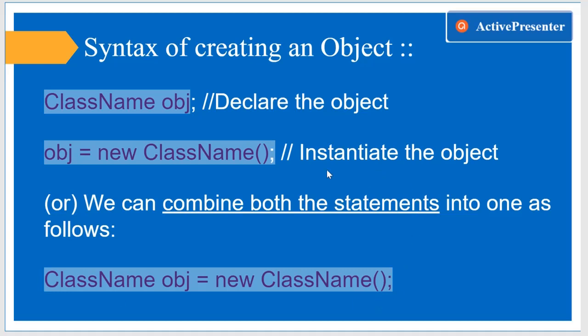This instantiates the object, or we can combine these two statements into one as follows: ClassName object = new ClassName(). These two class names are the same, and this is a constructor. We will know about it later.